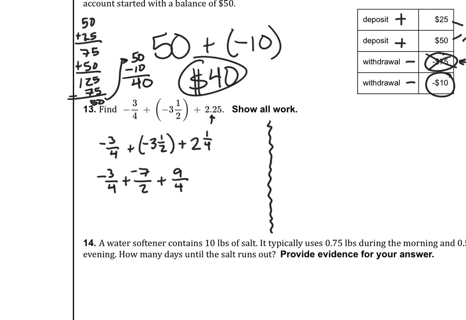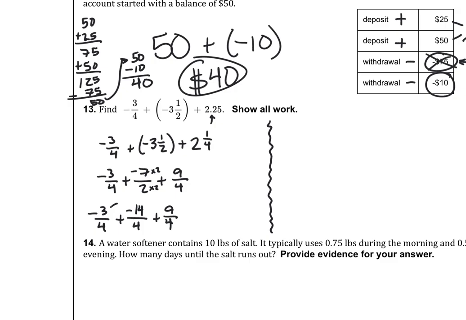Do I have common denominators? I don't, but I only have to change one. I have to change the middle one. How do I change it? Well, 2 times 2 is 4. And whatever we do with the denominator, we have to keep the scale factor. So we'll multiply by 2 up top. Okay, this is going to result in negative 3/4 plus negative 14 over 4 plus 9 over 4.